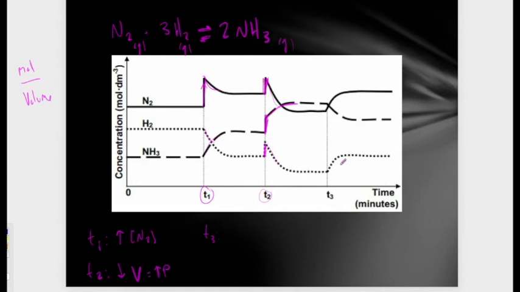So the only option is that there's a temperature change. And in this reaction, we're not told if it's endo or exothermic, so I don't know exactly what the temperature change is. But we can see that the system shifted to favor the reverse reaction, because the amount of ammonia now goes down and the amount of nitrogen and hydrogen go up.